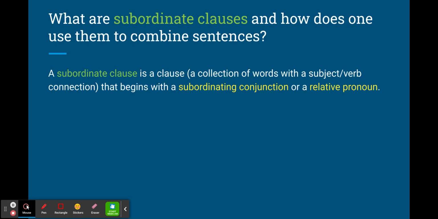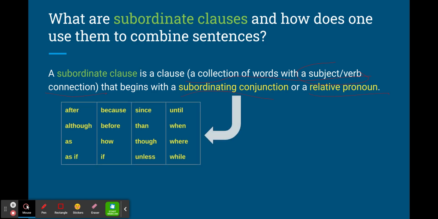All right, so a subordinate clause is a clause that begins with a subordinating conjunction or a relative pronoun. I remember from a few lessons back, a clause is a collection of words with a subject-verb connection. So we have to have a subject and a verb in our clause. Otherwise, it's a phrase. And we're talking about beginning here with a subordinating conjunction or a relative pronoun.